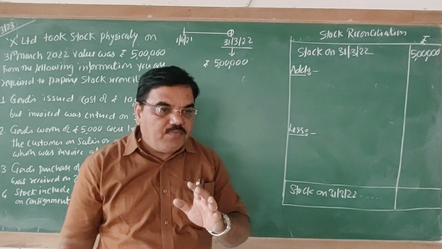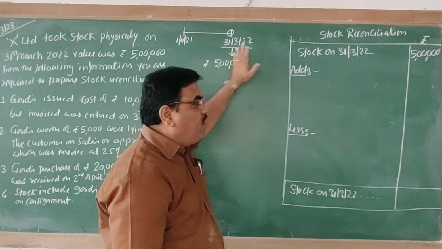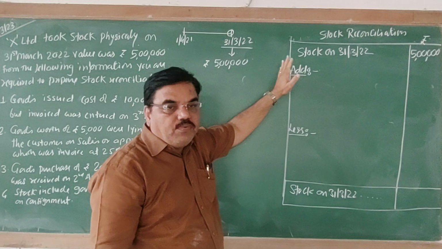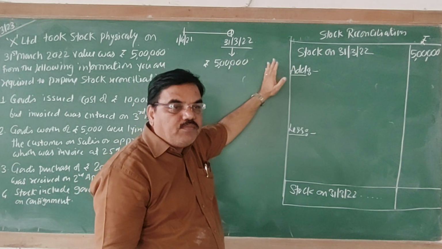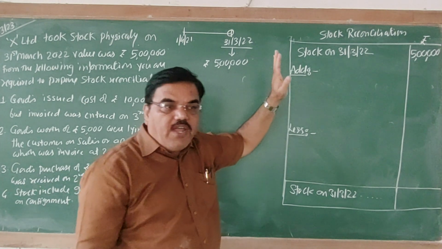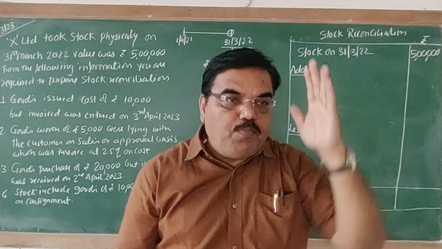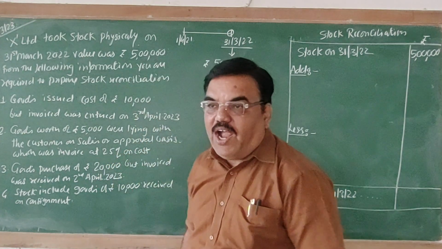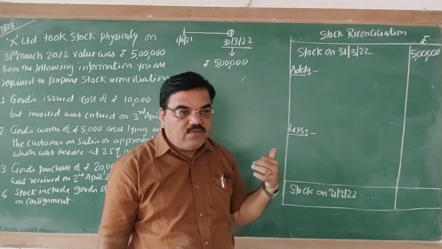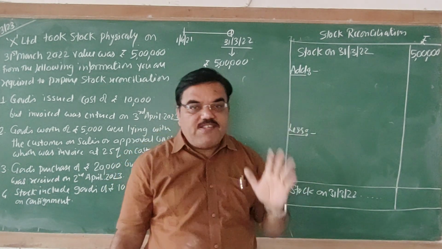What does it mean? The goods are already issued, and the invoice is not entered up to 31st March. What to do with this? Do we add it or deduct it? That we have to decide.